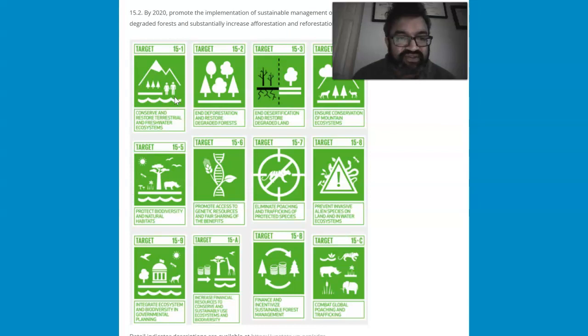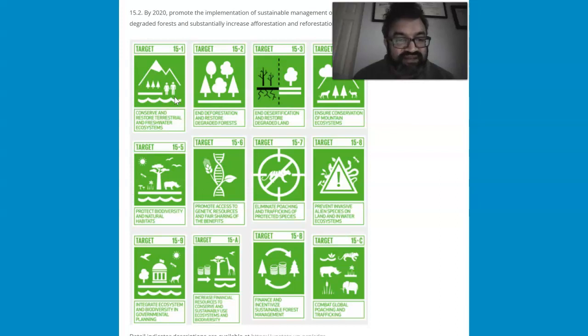But also ending deforestation, restoring degraded forests, ending desertification and restoring degraded land, and ensuring conservation of mountain ecosystems. What comes to mind for me, of course, is the Appalachian Mountains, but there are mountain ecosystems all around the world. Protecting biodiversity and natural habitats, 15.5.